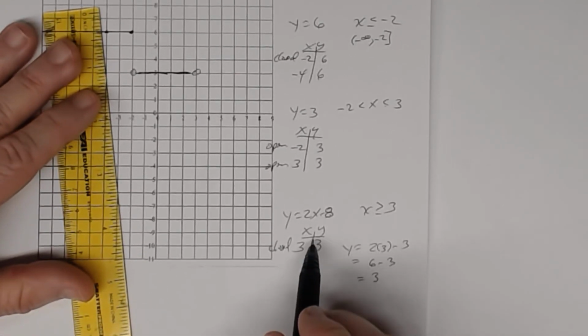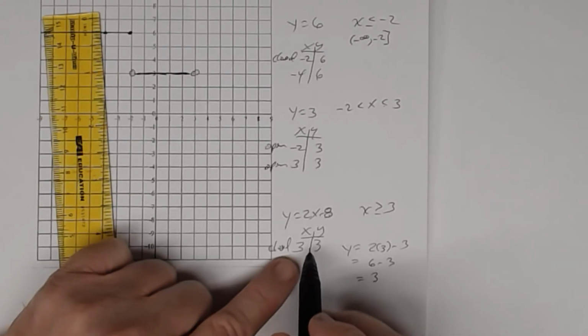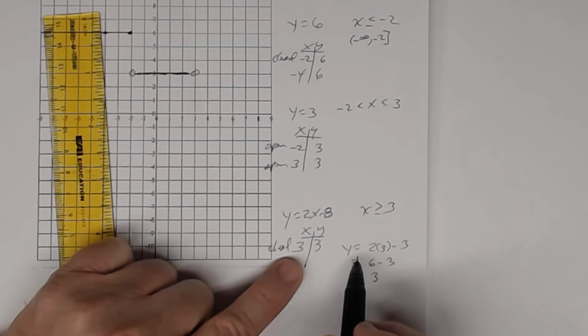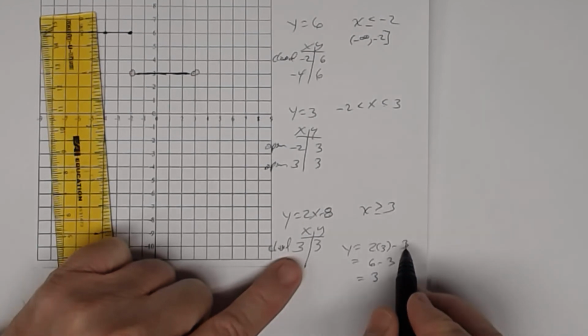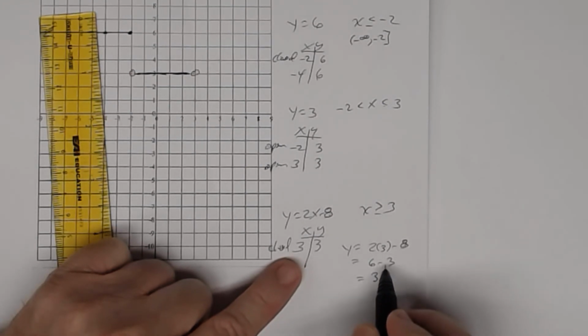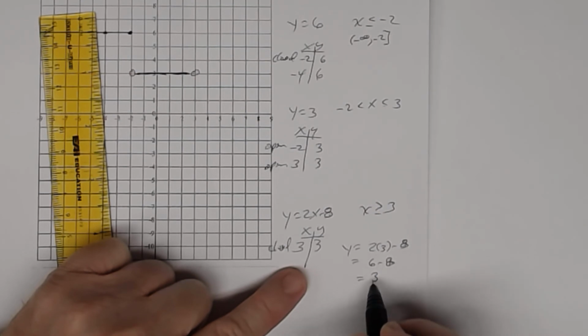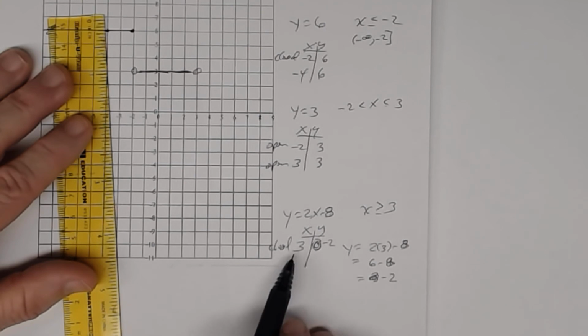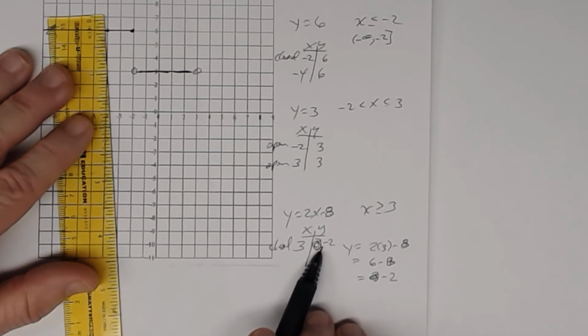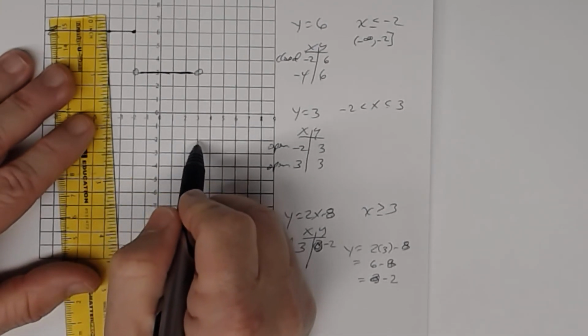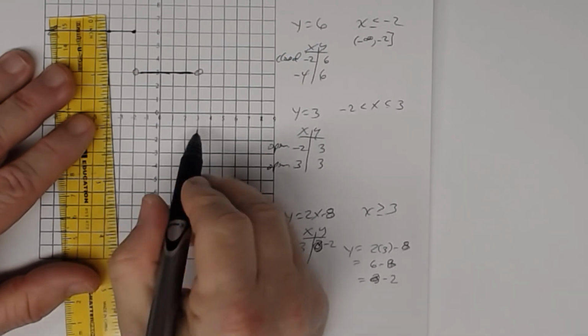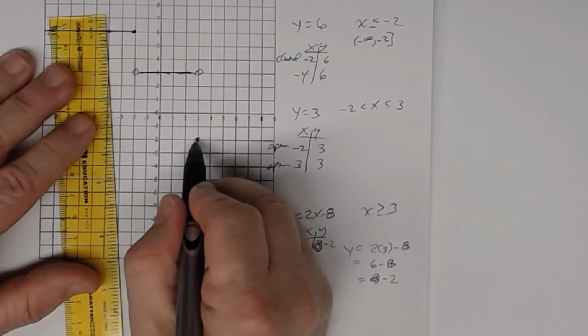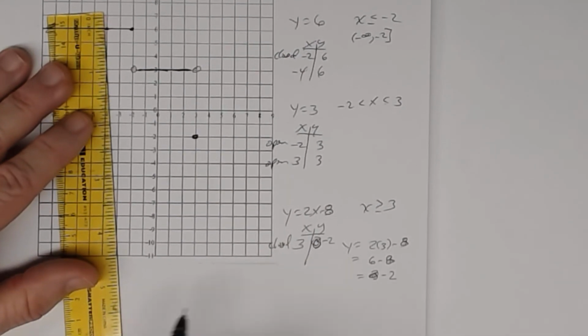So let's just change this right here. So closed, when x is 3, I get 2 times 3 minus 8. So 6 minus 8 is negative 2. So plot the point 3, negative 2, which is right here. All right, closed circle.